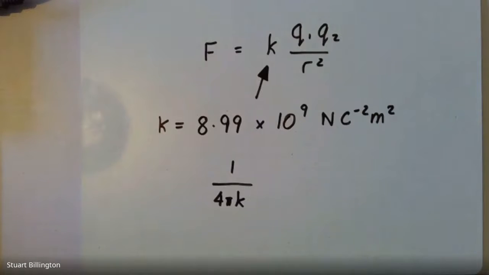It got to the point where Maxwell realized that in the Maxwell equations, K never really turned up on its own. It was always part of this composite number, 1 divided by 4 times pi times K.